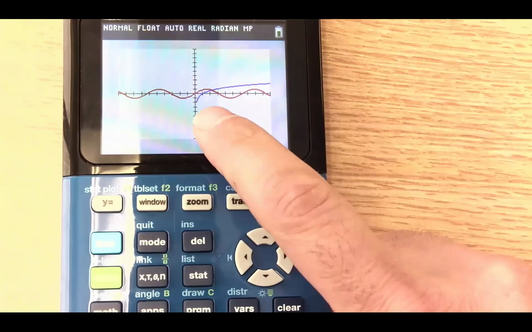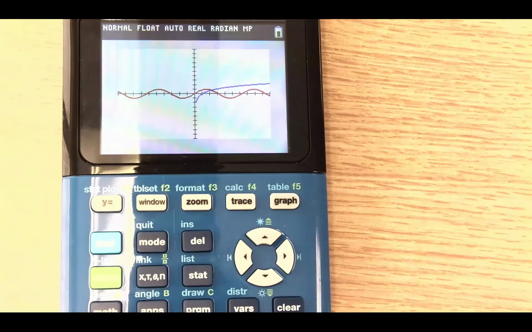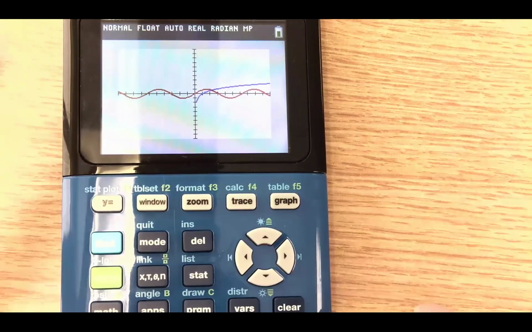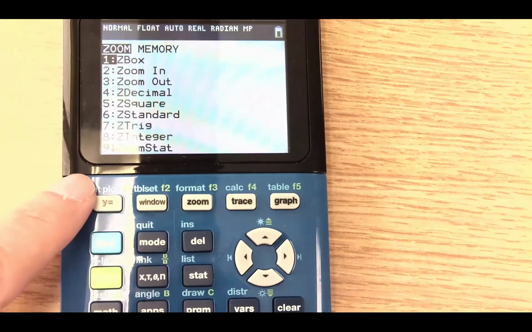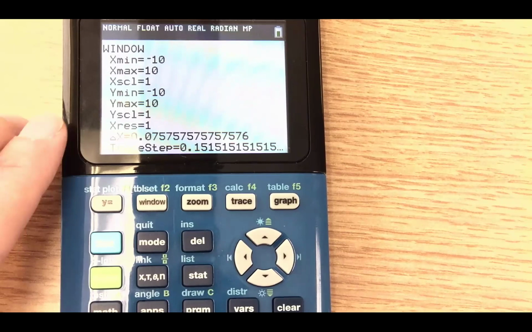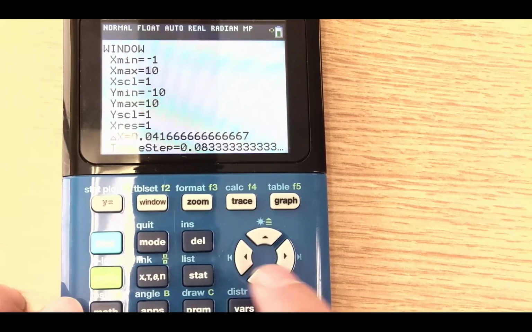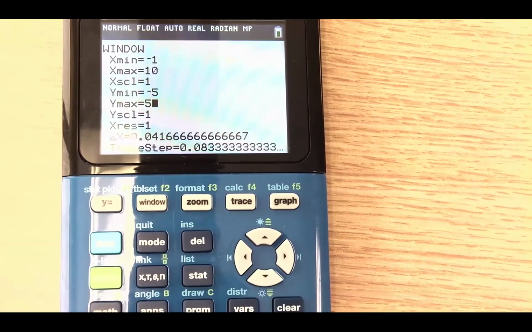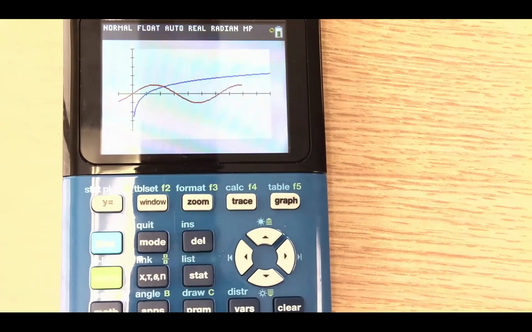Okay, this does look like it stops, doesn't it? Because it has limitations. If I were to zoom, I can do a quick zoom in. No, I'm not gonna zoom. I'm gonna change my window. I don't need to see all that. I'm gonna go to -1, and for the y values, I'll say -5. Let's see if this is any better. Still limited there.